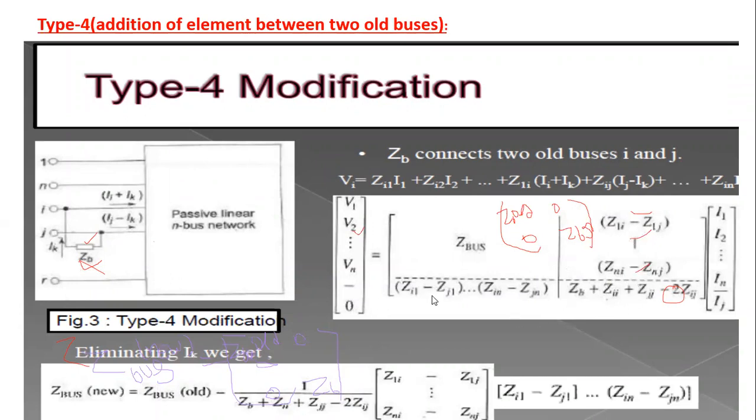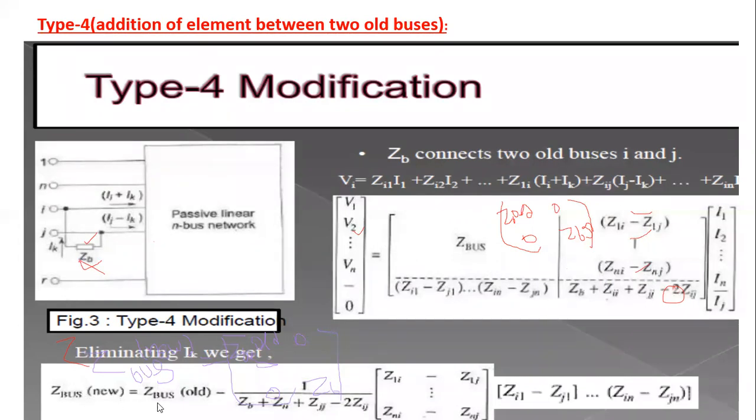Okay, Zi1 minus Zj1 and so on Zin minus Zjn. Okay, ఇక్కడ వచ్చేసరికి ZB plus Zii plus Zjj minus 2Zij. Okay, this is the addition of link in between the two old buses. Okay, when we are adding the link between the two old buses, then we are adding the column and the row like this by using these formulas.